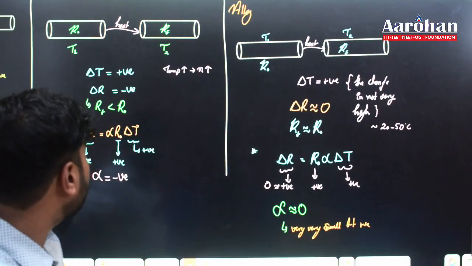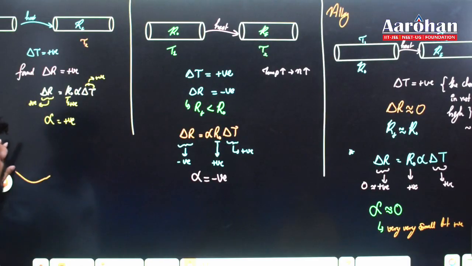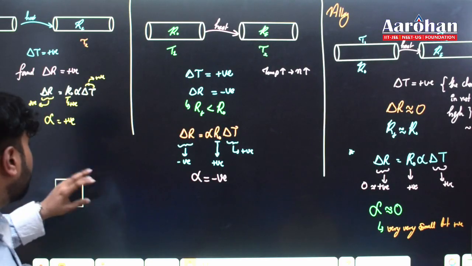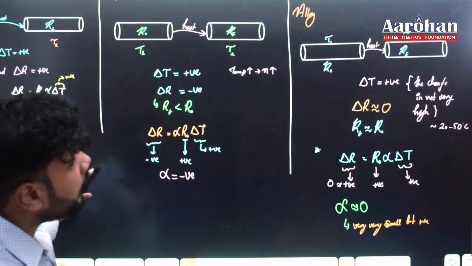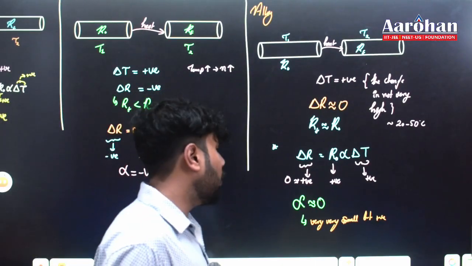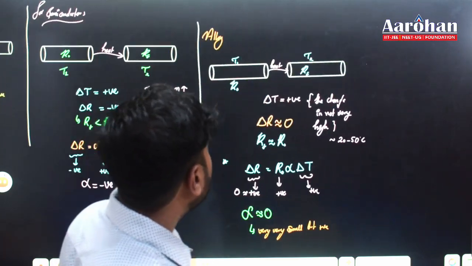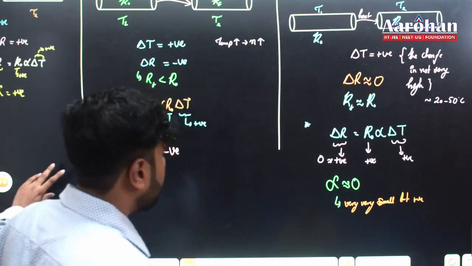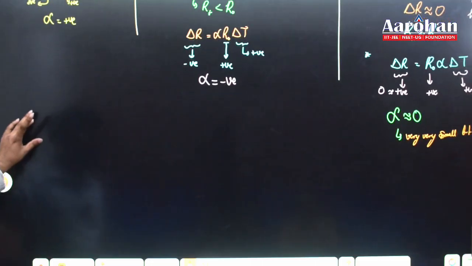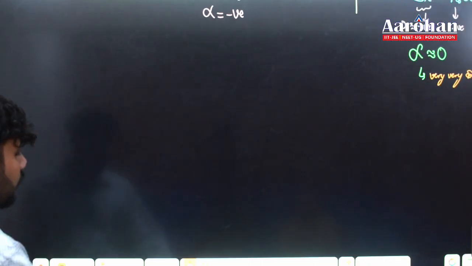Alright, so for a conductor alpha is positive, for a semiconductor it is negative, and for an alloy it is near to 0, but not exactly 0, just very, very small. Sometimes in MCQs or other questions they can ask it. It is very basic and you can remember.